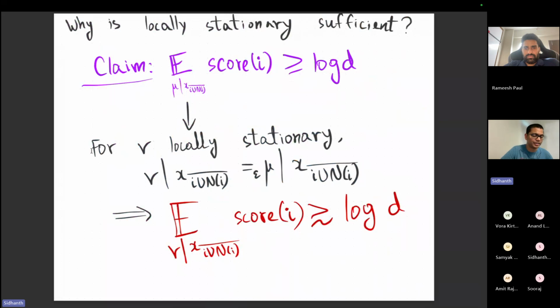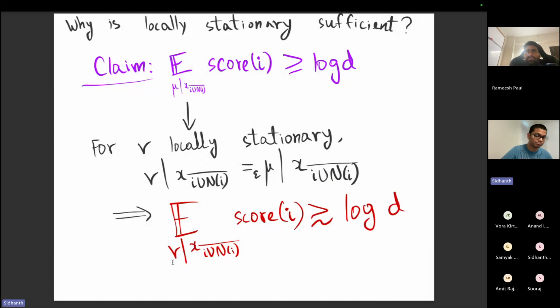And what we're going to show is that if nu is a locally stationary distribution, then when you take nu and condition on a pinning outside of I and its neighbors, the conditional distribution actually matches mu conditioned on x pinned outside of I and its neighbors.